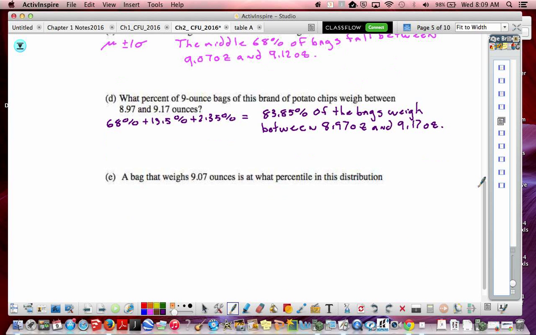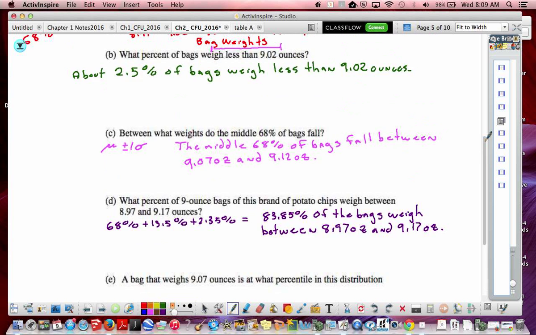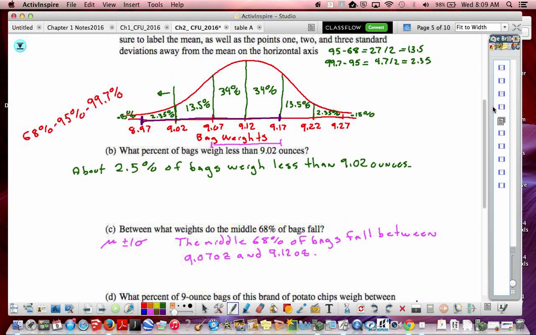Last but certainly not least, I'll do this last one in blue here. It says a bag that weighs 9.07 ounces is at what percentile? So basically, what percentage is below 9.07? If I look here and add those up, they should add up to 16%, so it'd be at the 16th percentile.